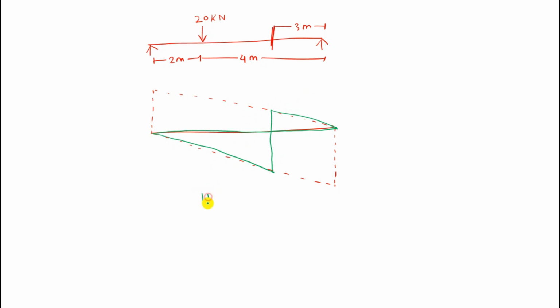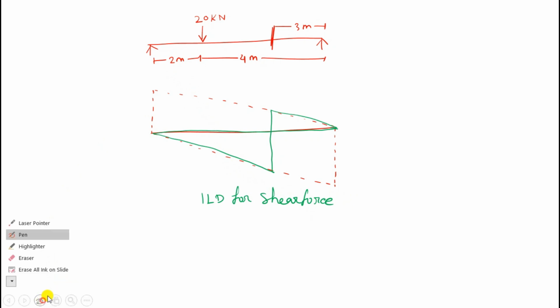This is the influence line diagram for shear force. Now you have to draw a vertical line at this position below the load. So this distance is y3. Now you have to calculate the y3 first of all, then you can multiply it with the load W. So we can get the amount of shear force at this particular section.